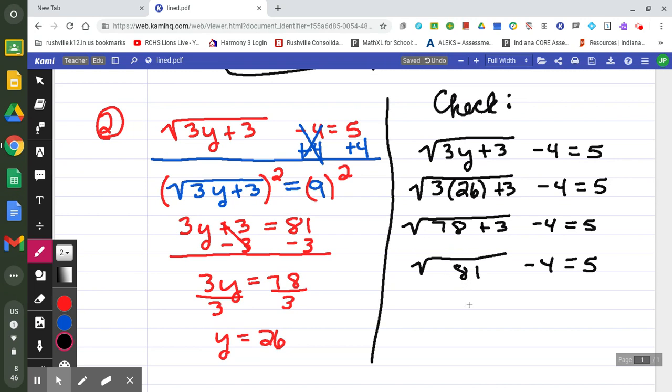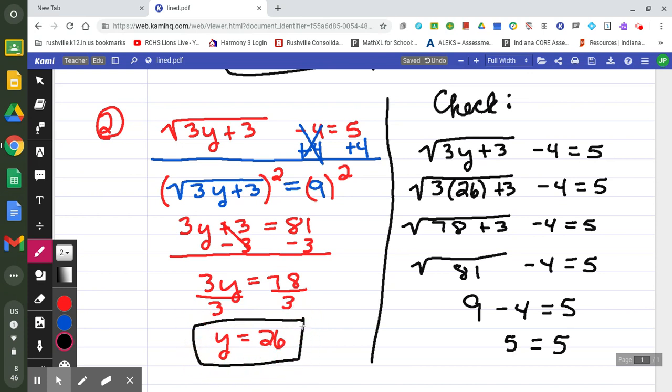The square root of 81 is 9. Minus 4 equals 5. So now 9 minus 4 equals 5. Because this checks out, it means that this is the correct answer. y equals 26 is my correct answer.